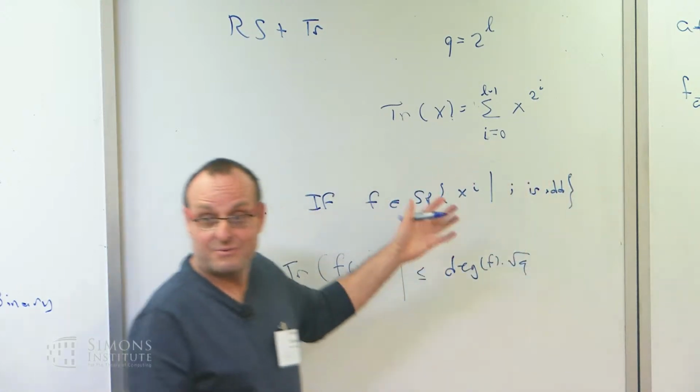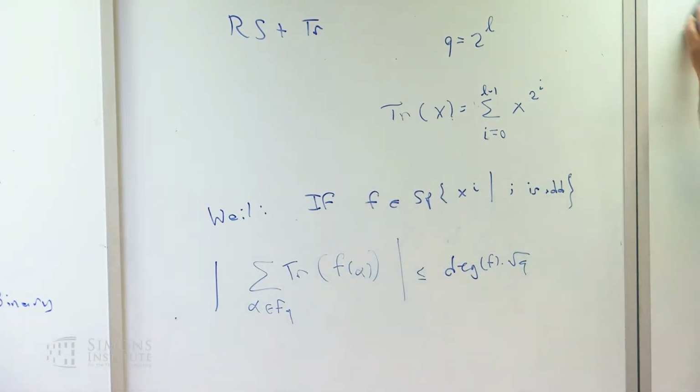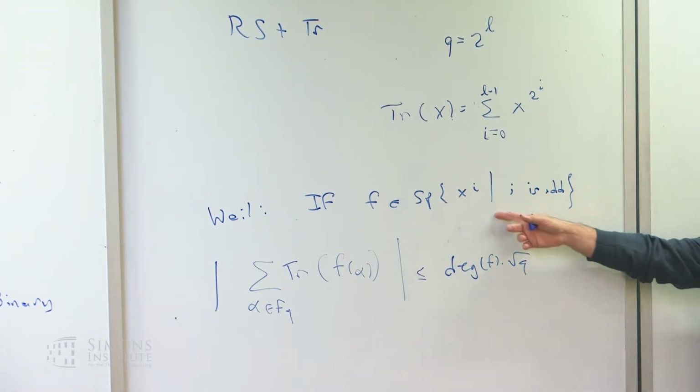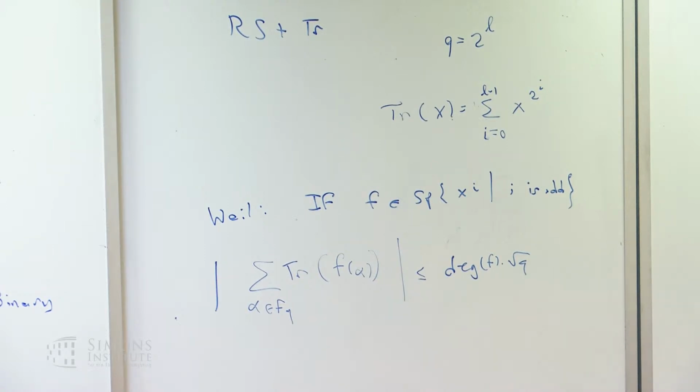Now if you want to build a code, it's exactly the same construction, but it clarifies the linearity and everything. We start with some f in that span. It only slightly reduces the dimension. Then, like a Reed-Solomon code, we evaluate it over everything and take the trace.